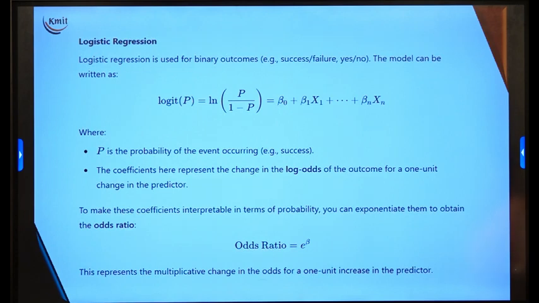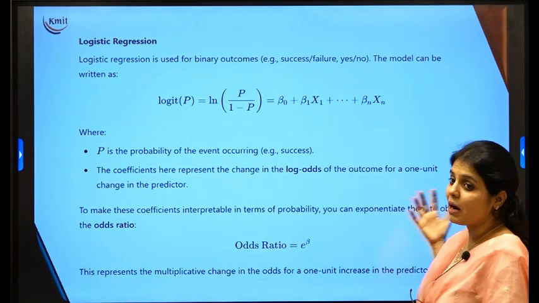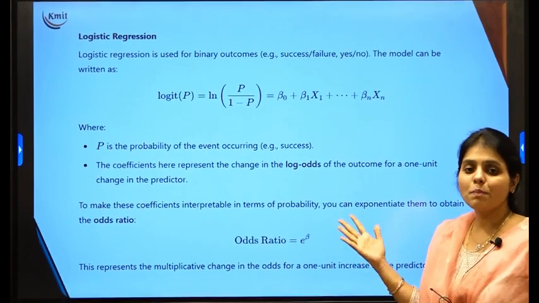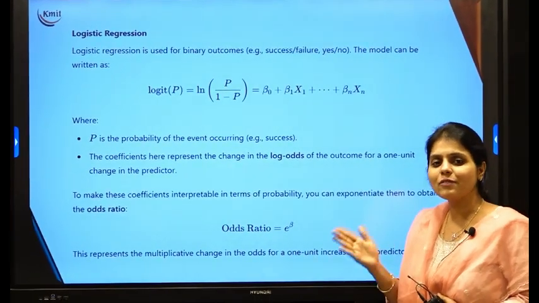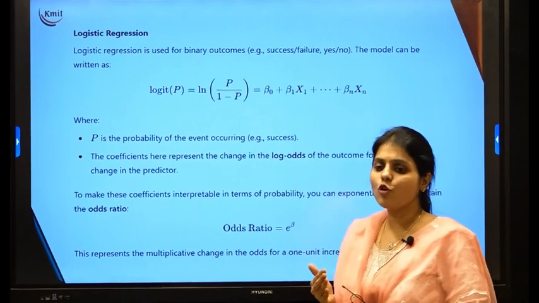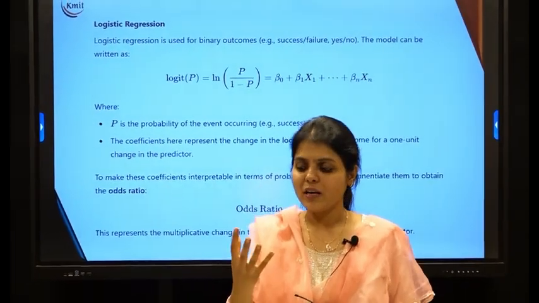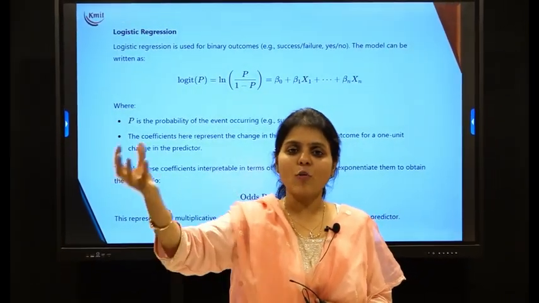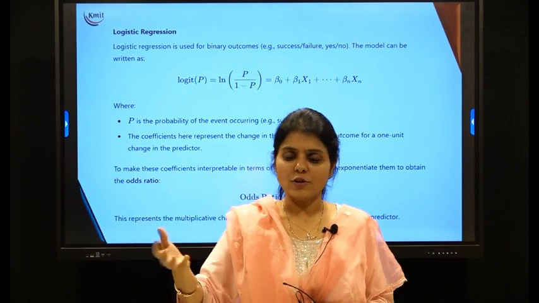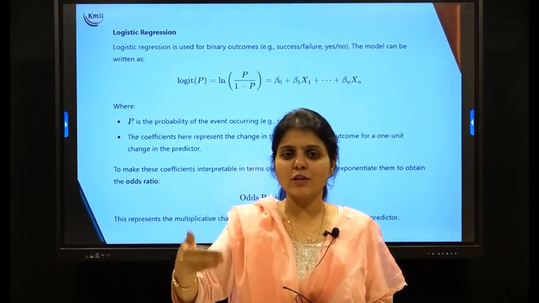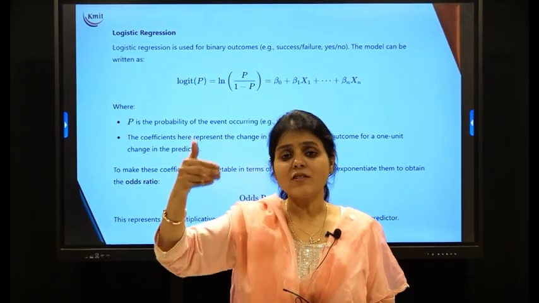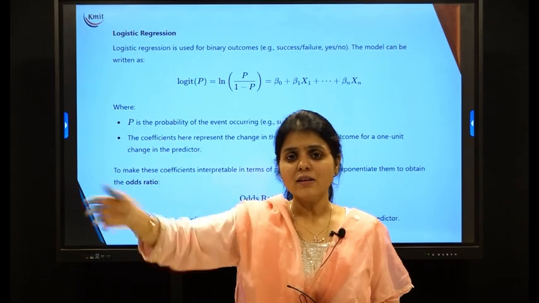Now in logistic regression, as I was mentioning, we have a binary outcome, yes or no, depending upon the probability of the values. For example, if I predict a cat or a dog, x might have 0.7 probability and y a different probability value, and the higher output value is taken as the final output.